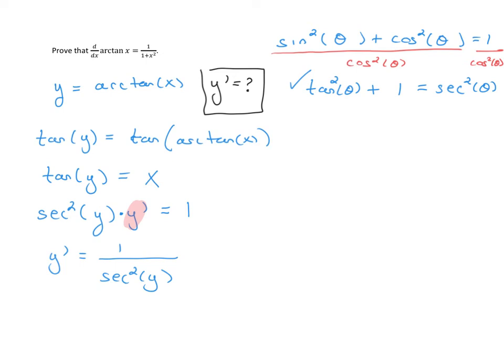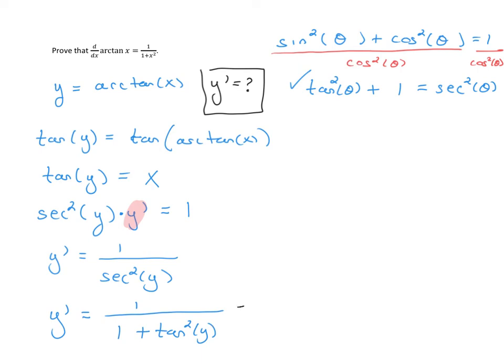I'm going to reverse the direction of it. I'm just going to write y prime is equal to 1 over, okay, and we get 1 plus tangent squared of y. From this step to this step, all I did was I saw a secant squared of an angle. I replaced it with 1 plus tangent squared of that same angle.